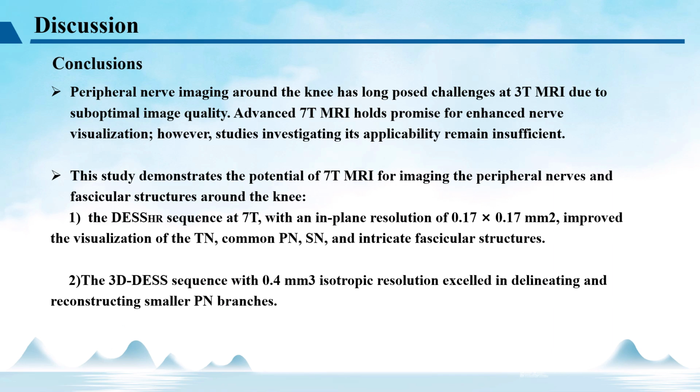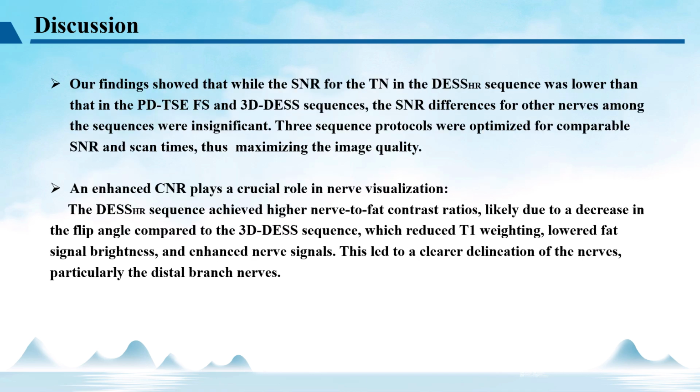Part 4: Discussion. Advanced 7T MRI holds promise for enhanced nerve visualization. However, studies investigating its applicability remain insufficient. This study demonstrated the potential of 7T MR for imaging the peroneal nerve and the fascicular structures around the knee. In our study, these sequence protocols were optimized for comparable SNR and CNR and scan times to maximize the image quality.